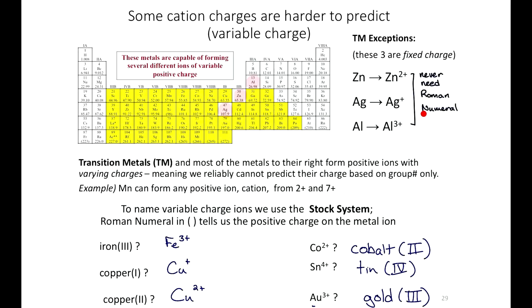We don't have to say silver 1, that's redundant. Zinc is the same idea. It's always a 2+ ion, so we don't have to say zinc 2 Roman numeral. And same thing for aluminum. Aluminum is always 3+ as an ion, so you don't have to use Roman numerals there. So those three are the exceptions.